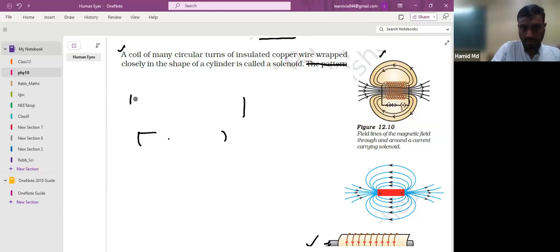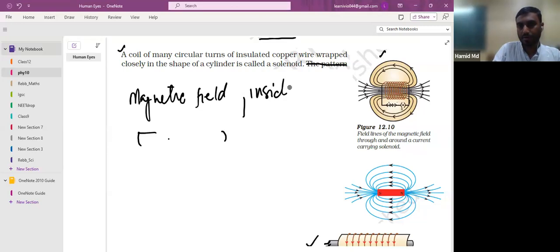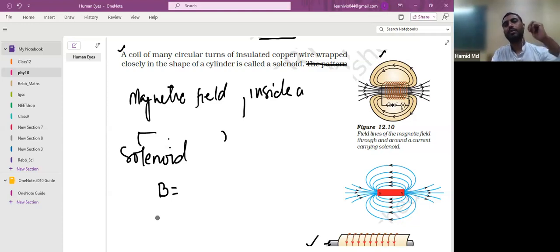And the magnetic field inside a solenoid. We usually denote magnetic field by B. So today I am going to write the magnetic field due to a solenoid.